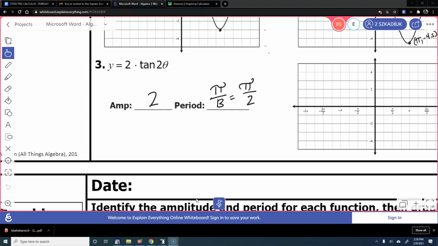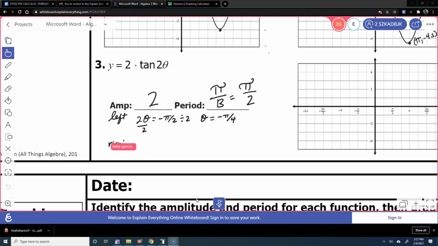What you've got to find is the left asymptote, which is going to be 2 theta equals negative pi over 2. Divide by 2. Divide by 2. So we know that theta is going to be negative pi over 4. That's the first asymptote, the left one.